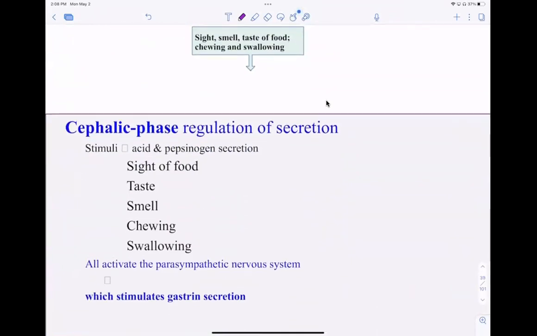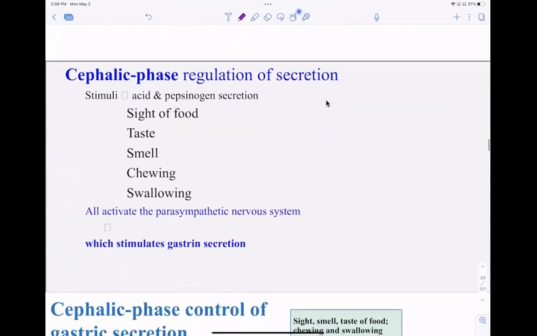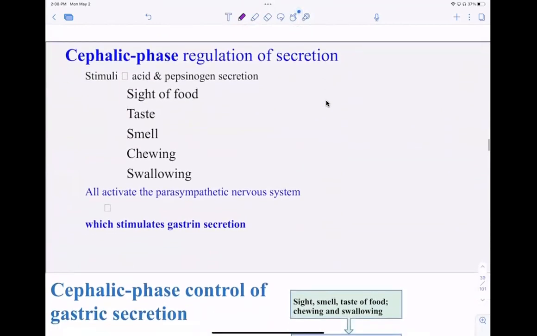Sight, smell, taste of food, chewing and swallowing. This is the cephalic phase, being your head, right? So the cephalon is your head. And it's going to stimulate acid and pepsinogen secretion in the stomach by seeing food, tasting, smelling, chewing, and swallowing.